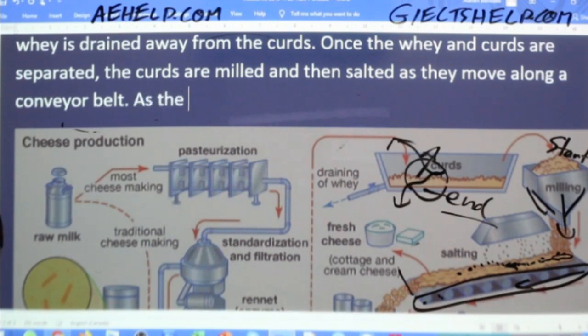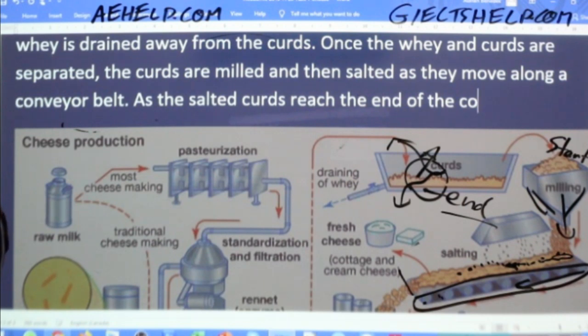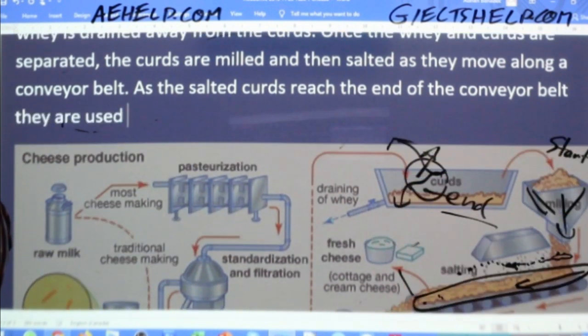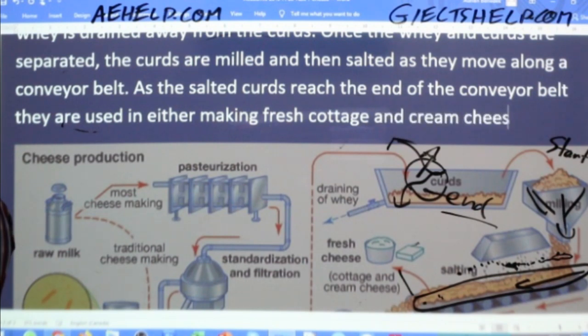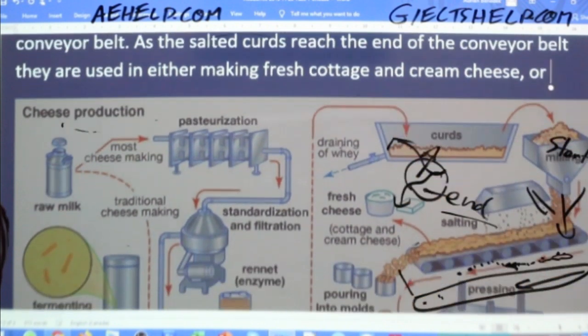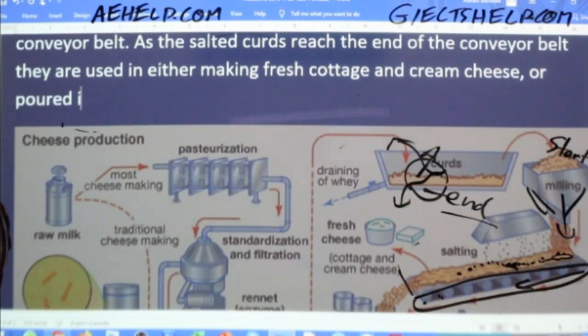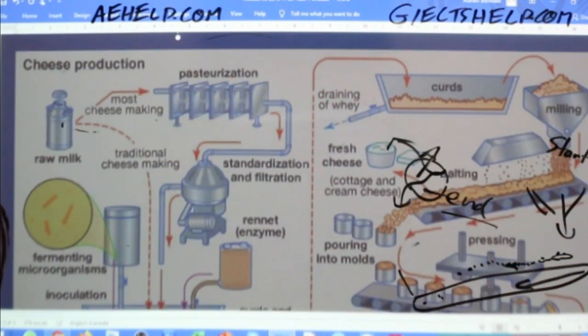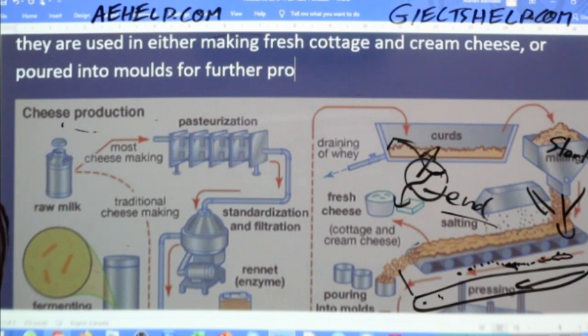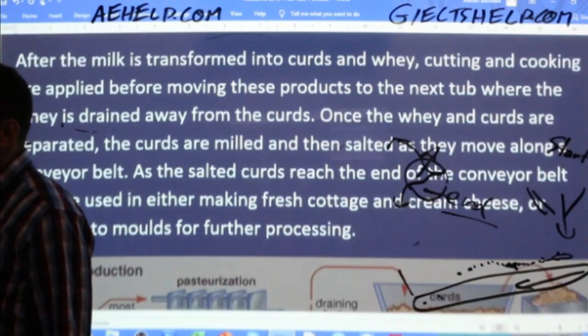So as the salted curds reach the end of the conveyor belt, they are used in either making fresh cottage and cream cheese, or poured into molds for further processing. Okay, so that's how I would write it.